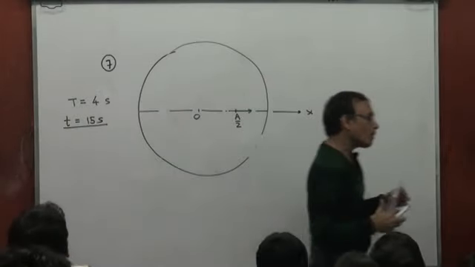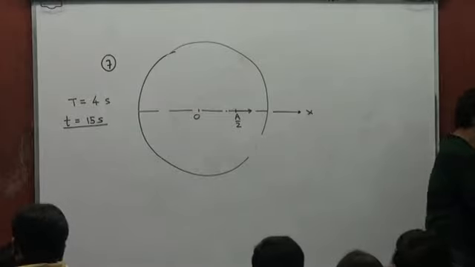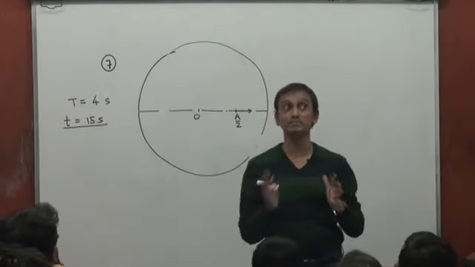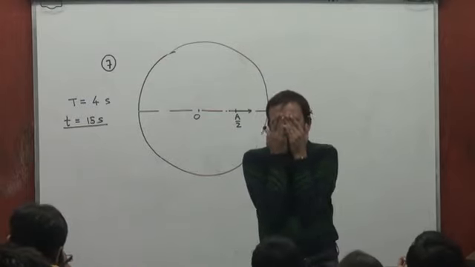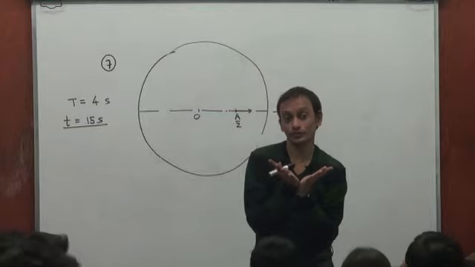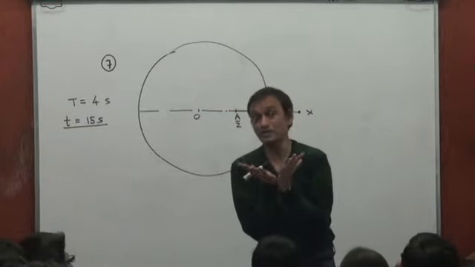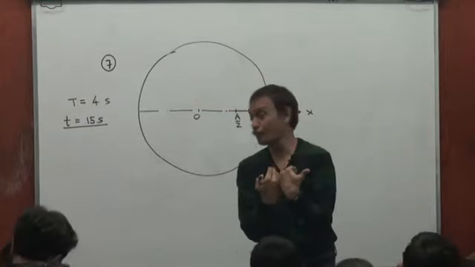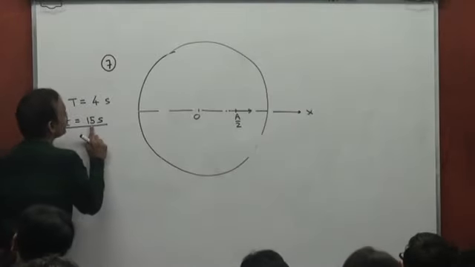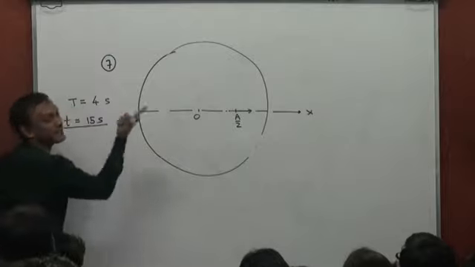Now, in a full time period, the distance traveled would be 4a. Yes or no? Now, here you have 3 full time periods plus 3 seconds.